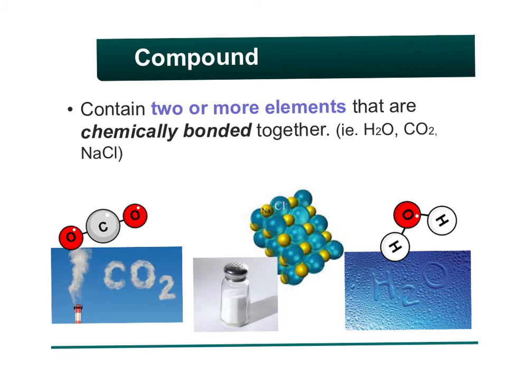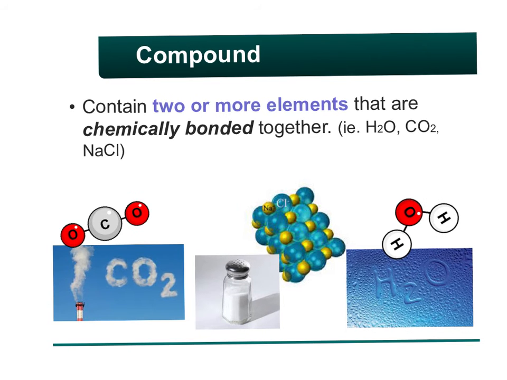Examples that you might be familiar with are carbon dioxide, right? That's the air that we breathe out, or at least part of it. CO2. And if you notice, CO2 consists of a carbon atom and 2 oxygen atoms.